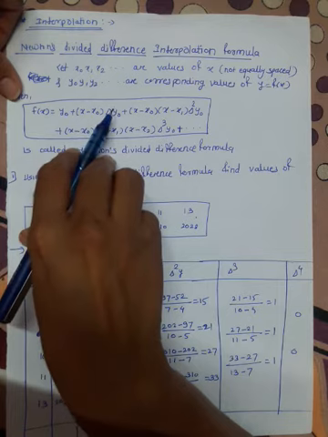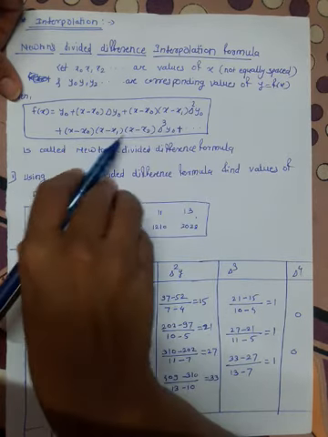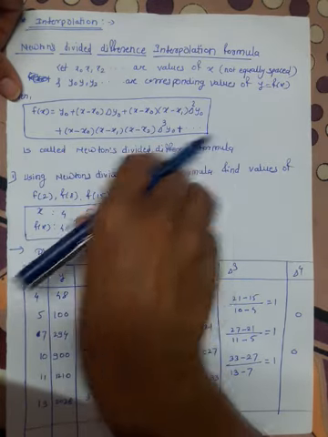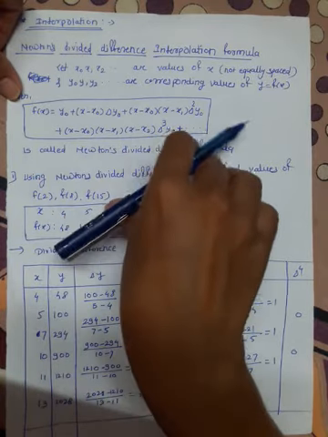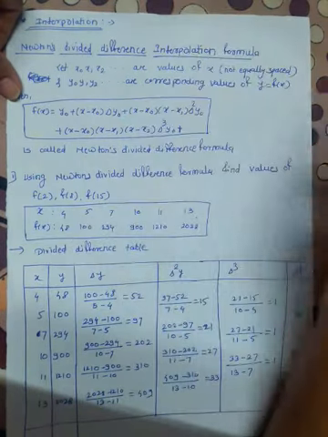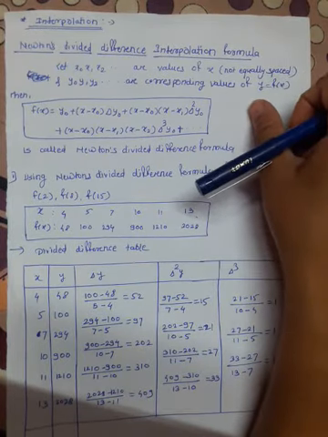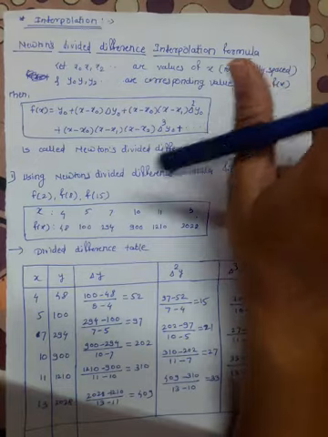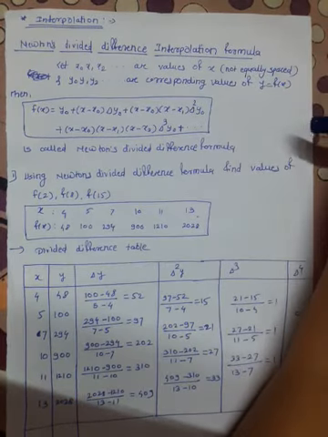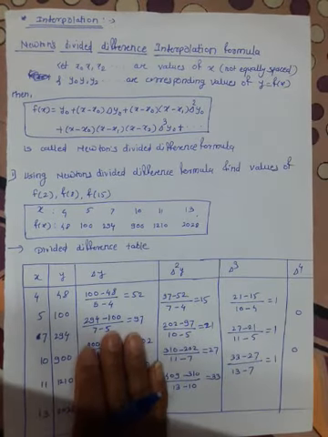One term one del, two terms del square, three terms del cube. The next term will be x minus x naught, x minus x1, x minus x2, x minus x3 and del raised to 4. Okay, this is the formula called Newton's divided difference interpolation formula to find the function at a particular point. Okay, let us start with the example.